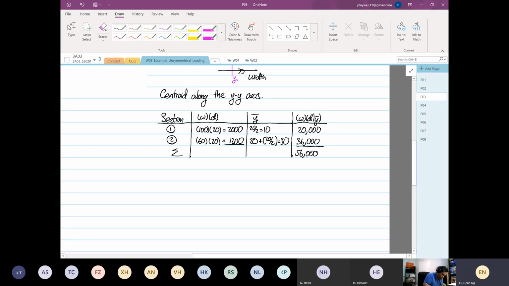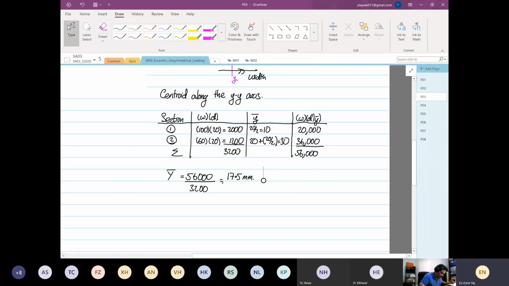And down here, this will be equal to 3,200. So your y bar, your global neutral axis, is 56,000 divided by 3,200. So it's equal to 17.5 millimeters.